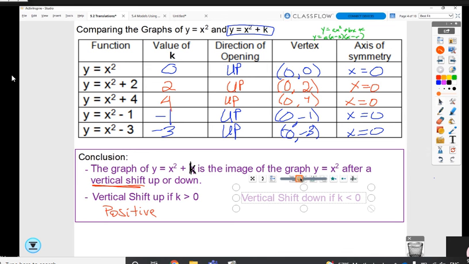And it's a vertical shift down if k is less than 0, which really means if k is negative. And that k value is super, super useful. You are going to see. I'll give you a moment to write this down.